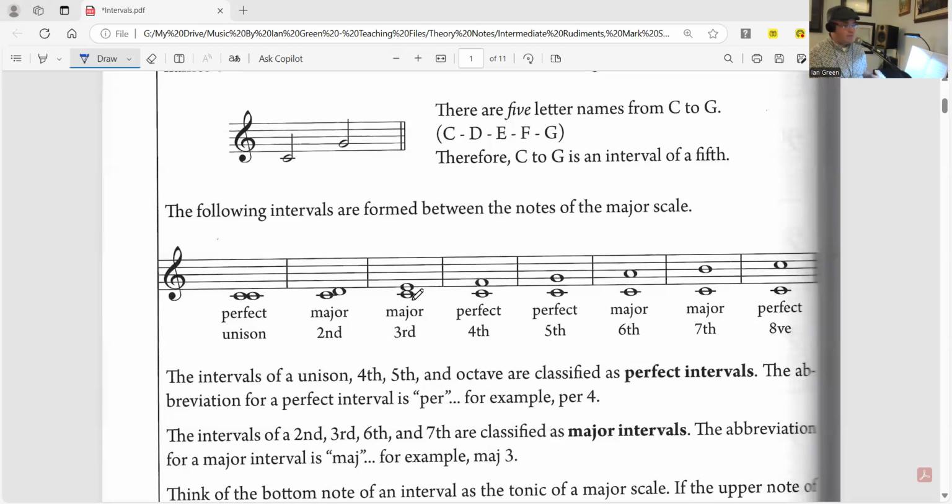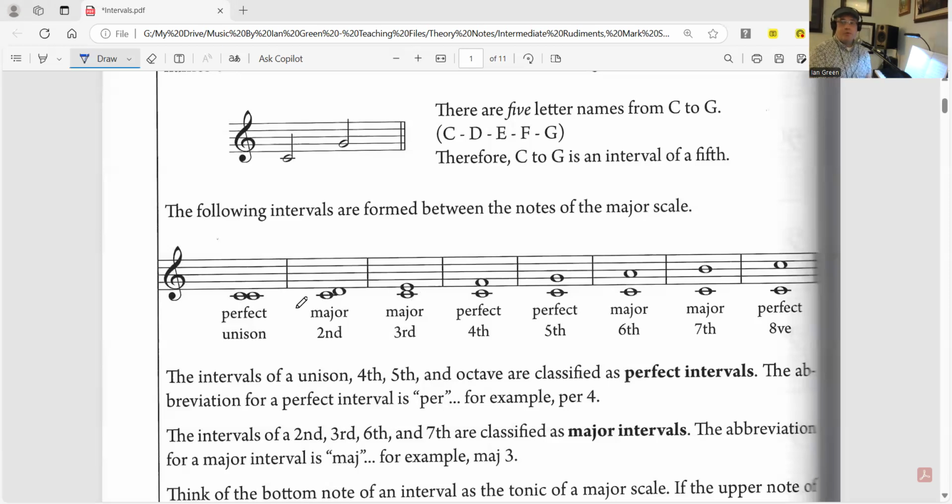The unison, fourth, fifth, and octave. All of the other intervals are major intervals. We have a major second, a major third, a major sixth, and a major seventh.